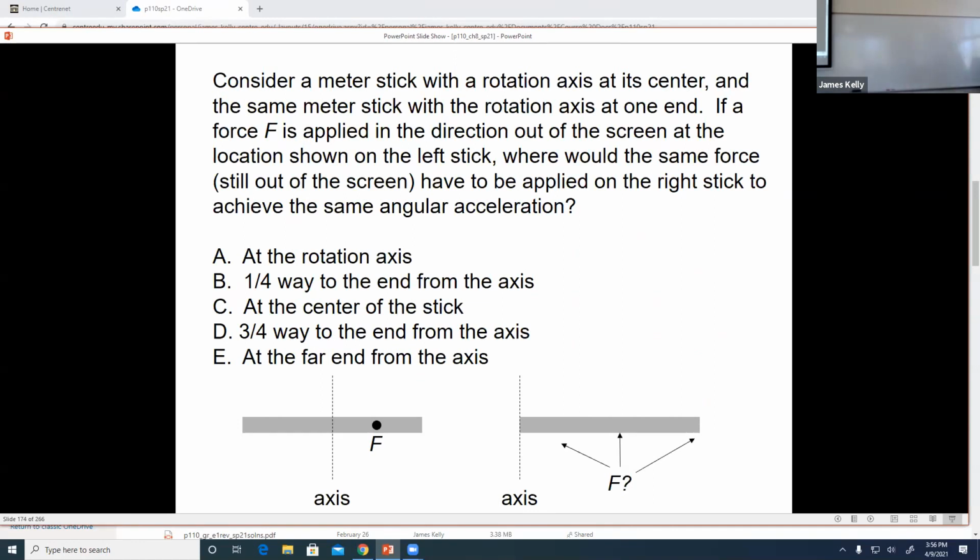Here's a meter stick with a rotation axis at its center and the same one with its rotation axis on the end at the right. If a force F is applied in the direction out of the screen at the location shown on the left stick, where would we be able to apply the same force and have the same angular acceleration result?